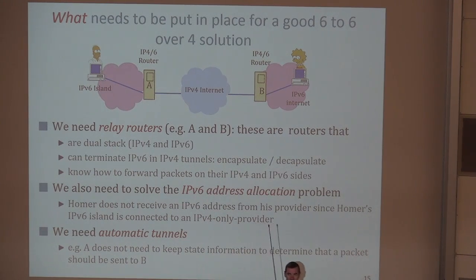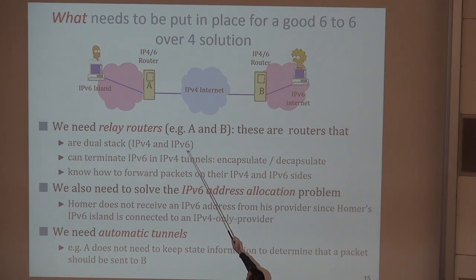So we need a mechanism to derive automatically a public IPv6 address from a public IPv4 address. That should not be difficult because the IPv6 address space is very large. So it should be possible to reserve a subspace in the IPv6 space to correspond to all the IPv4 addresses. We will see that's easy.